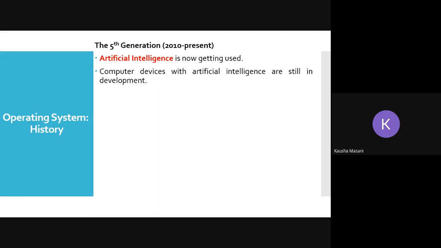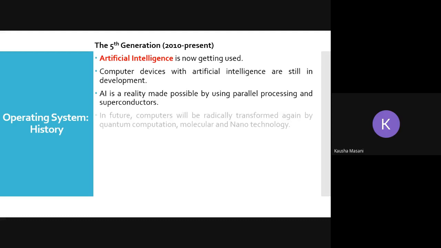They are yet in the process of development where a computer is completely using AI. Again, because of AI, parallel processing, superconductors and supercomputers are possible to make. Fine.